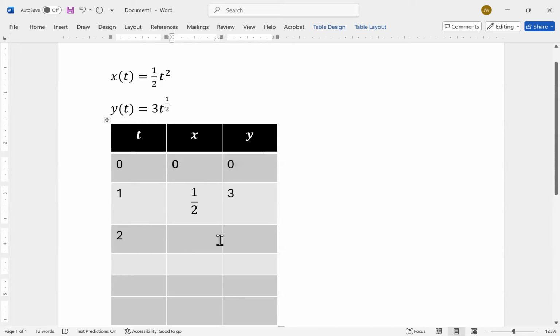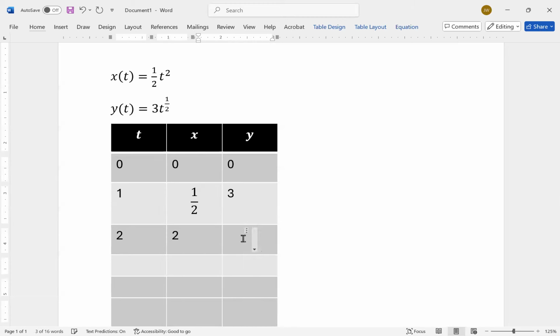But plugging in 2, I get 1/2 times 2 squared, which is 2. And when I plug 2 into my y, I get 3 times the square root of 2. So 3 root 2 is the y value.